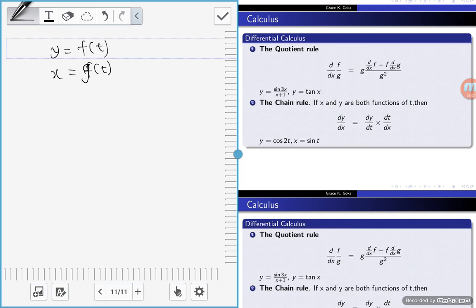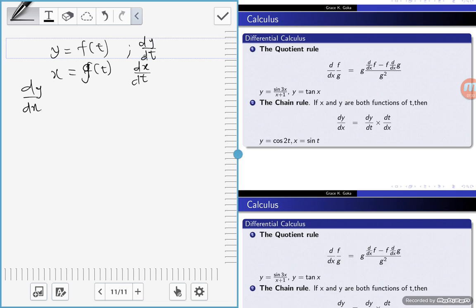Okay, so you want to find dy dx, but y is not a function of x. x is not a function of y. So how do you find dy dx? Differentiate what you have been given. If you differentiate y with respect to t, then it means you're getting dy dt. If you differentiate x with respect to t, you are finding dx dt.